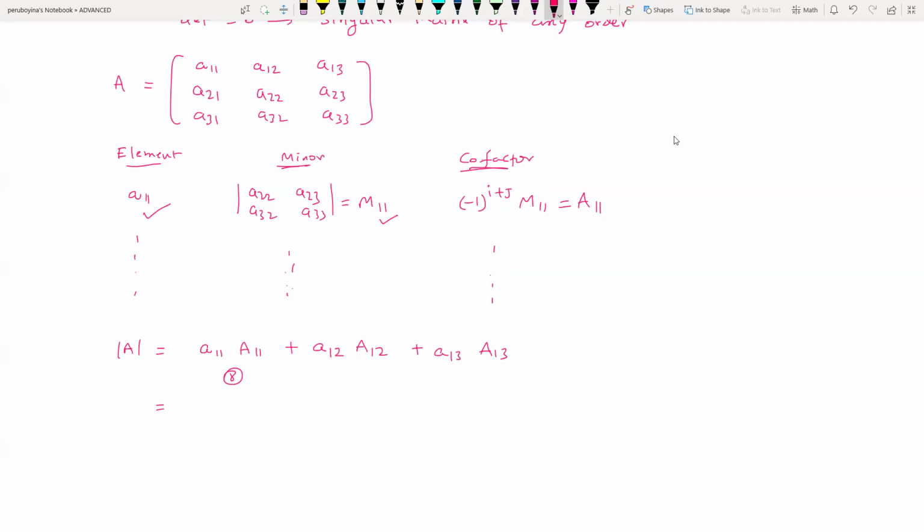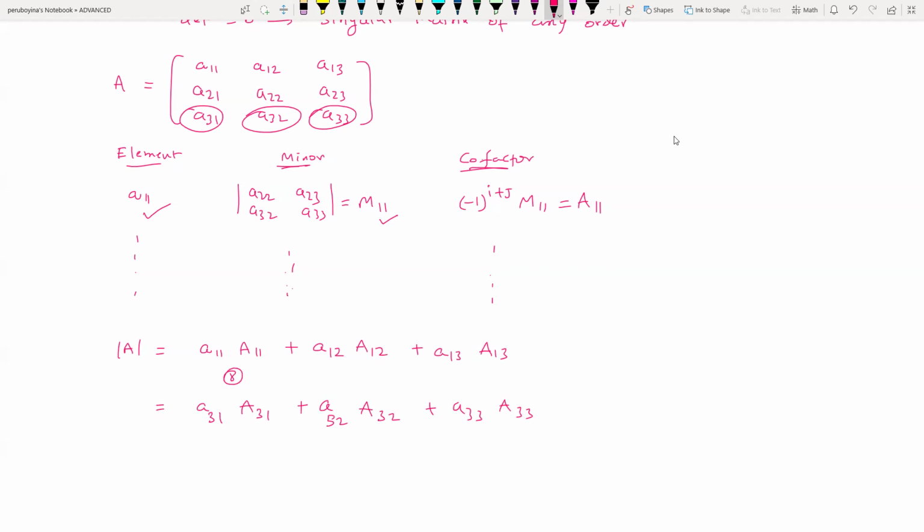Look at the third row. The third row elements are A31, and write down capital A31. What is the next element? You have to combine all the values with pluses: A32 and capital A32, plus A33 into capital A33. So this is the determinant.